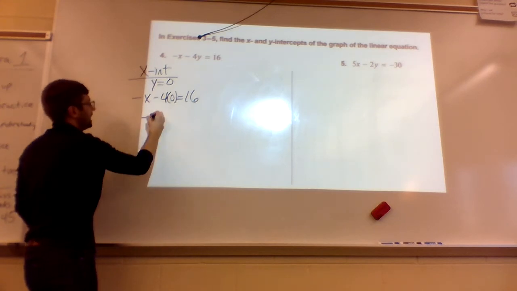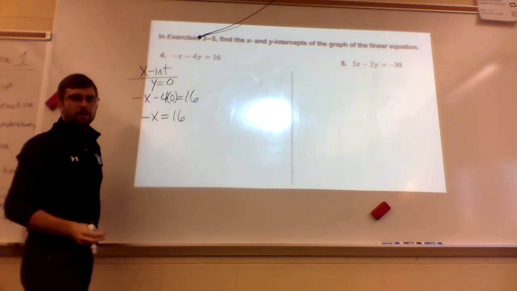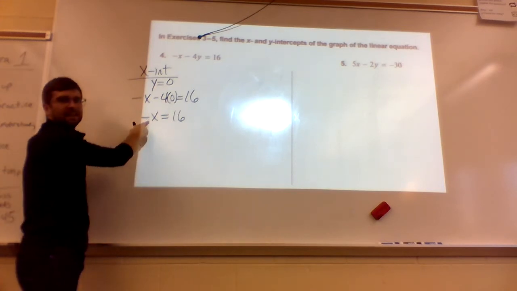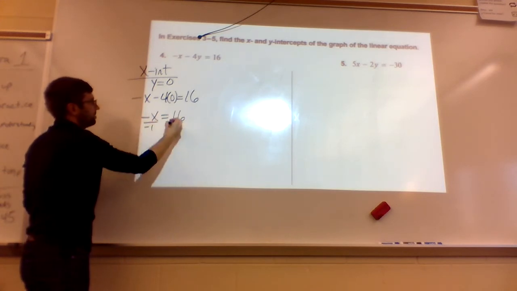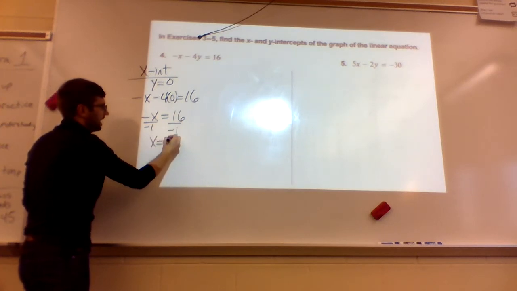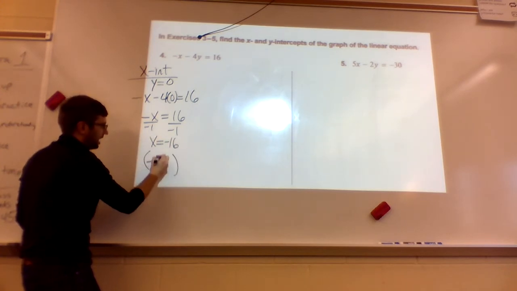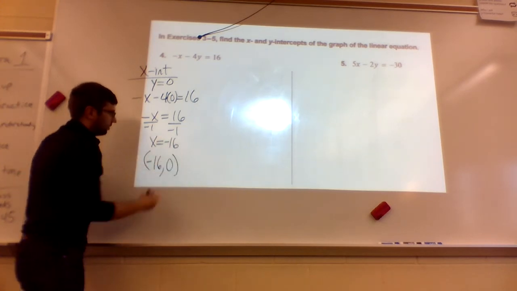So we'll have left -x equals 16. Because this is like a -1 in front, we divide both sides by -1, resulting in an x-intercept of -16. Or we know that means a point at -16, 0.